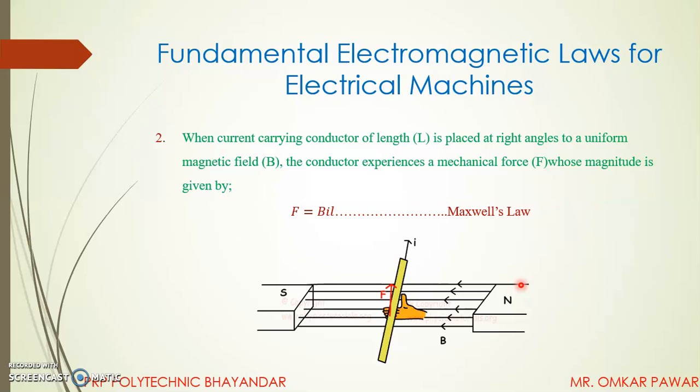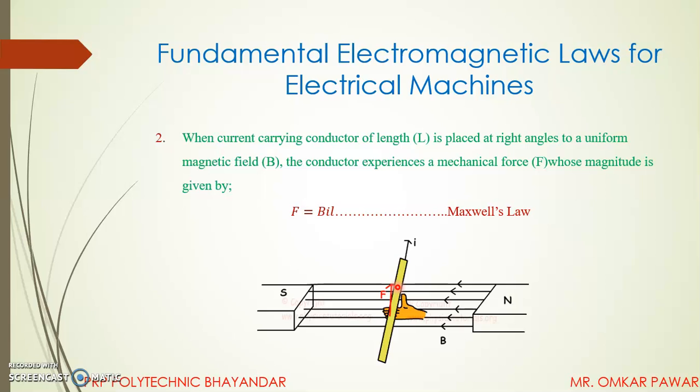So in the previous case we only put the conductor, but in this case we put a current carrying conductor, and inside that conductor, current is flowing. So there are two fluxes, that is this normal magnetic field and the current flowing, which creates its own magnetic field around the conductor.